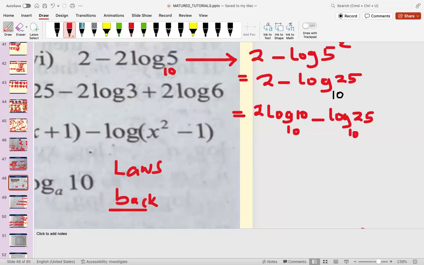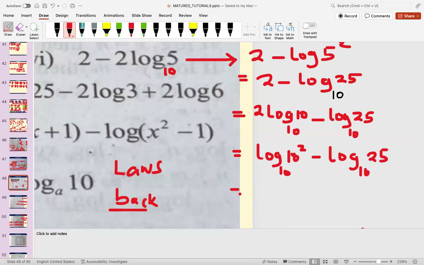So this number, we have to send it to where it belongs. It's coming on top of the 10. So this one will become log 10 squared minus log 10, 25.